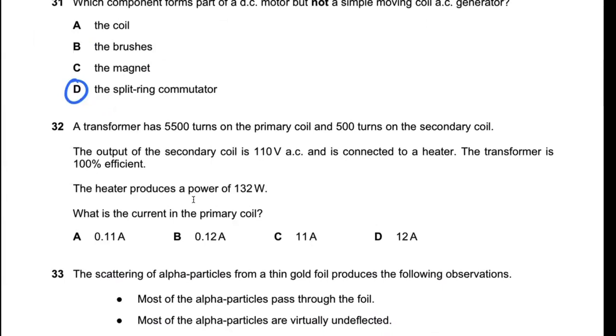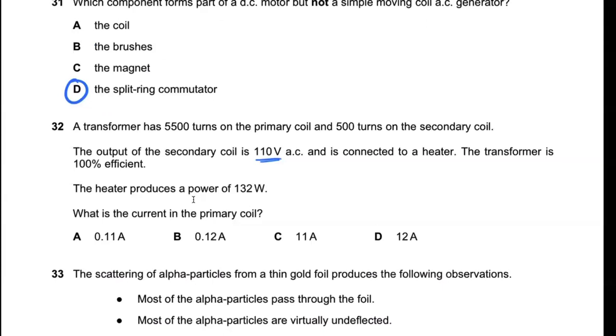A transformer has 5500 turns on the primary and 500 on the secondary. The output is 110 volts AC connected to a heater. The transformer is 100% efficient. The heater produces a power of 132. What is the current in the primary?